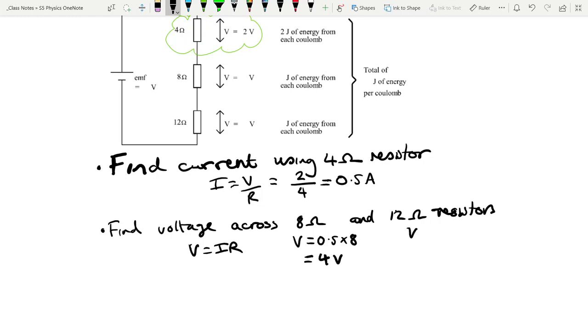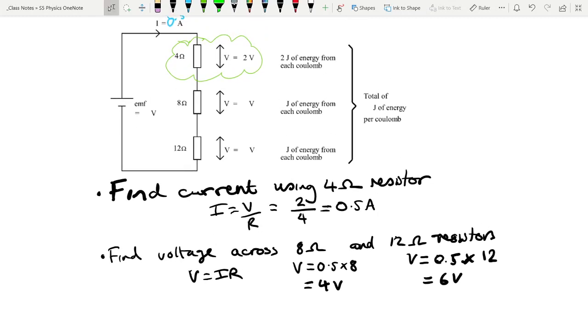And the voltage across the 12 ohm is 0.5 times 12, which is 6 volts. So we've got 4 and 6.